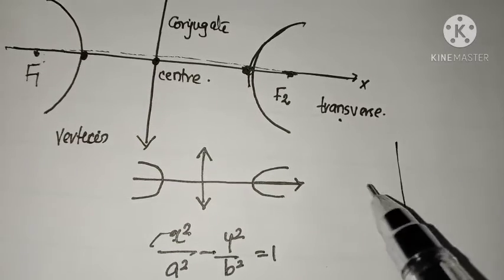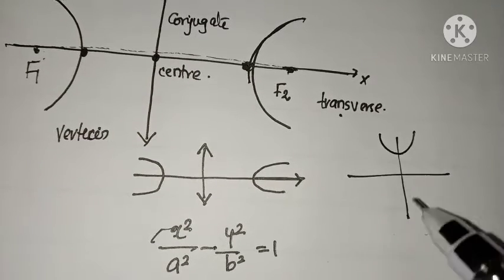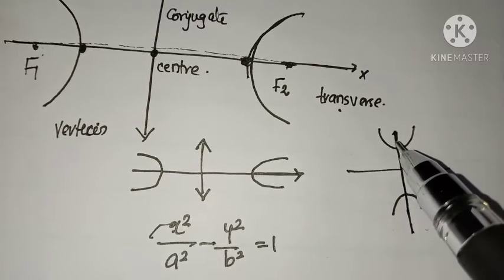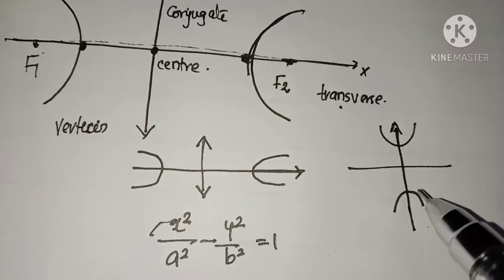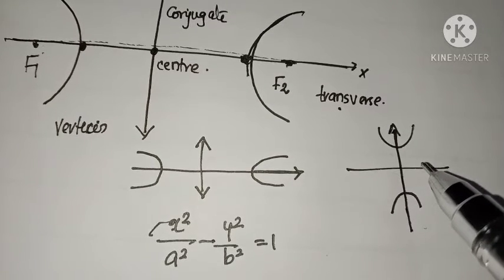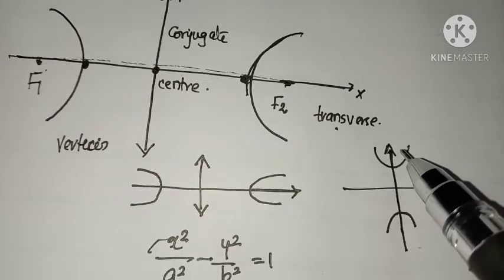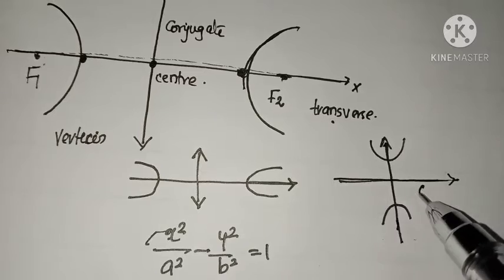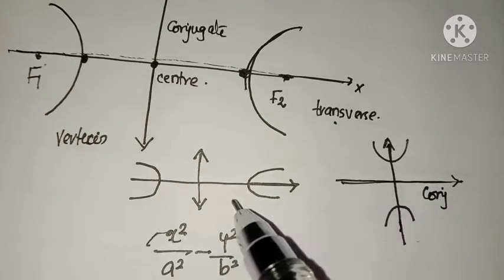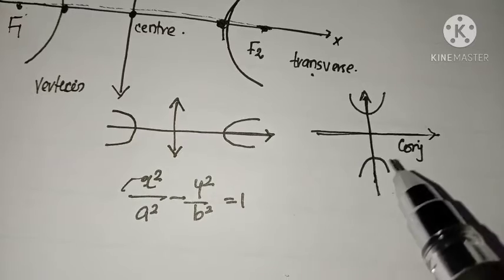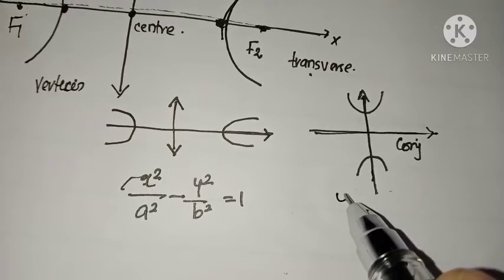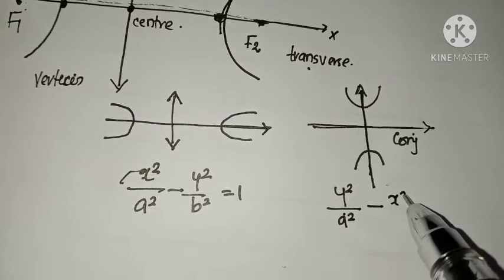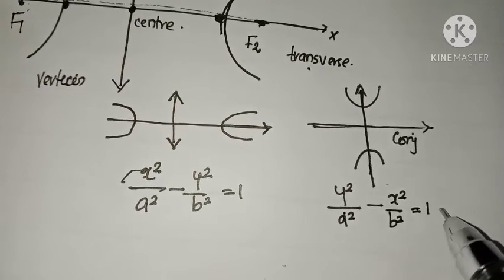Now listen, if the hyperbola is in this form, then we can say that this hyperbola is along the y-axis. So in this case, this becomes the transverse axis and this axis becomes the conjugate axis, just the opposite of this one. Now in this case, the equation of the hyperbola is, please note down, y square by a square minus x square by b square is equal to 1.